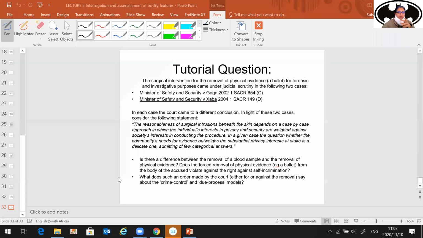Those two tie up. And the second part is, what does such an order made by the court, either for or against removal, say about the crime control and due process models? That question takes us back to our very first lecture session regarding these two systems.